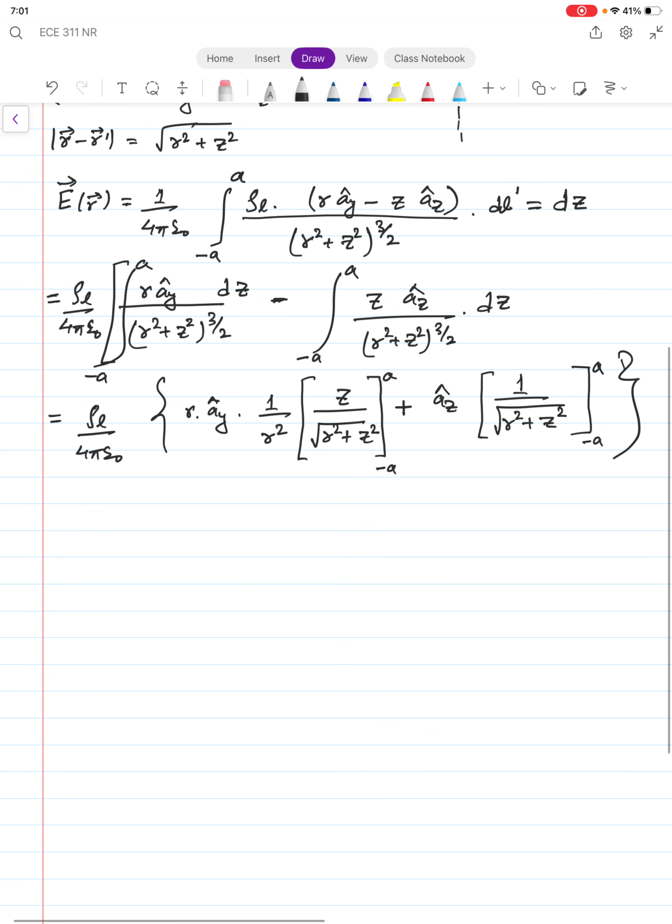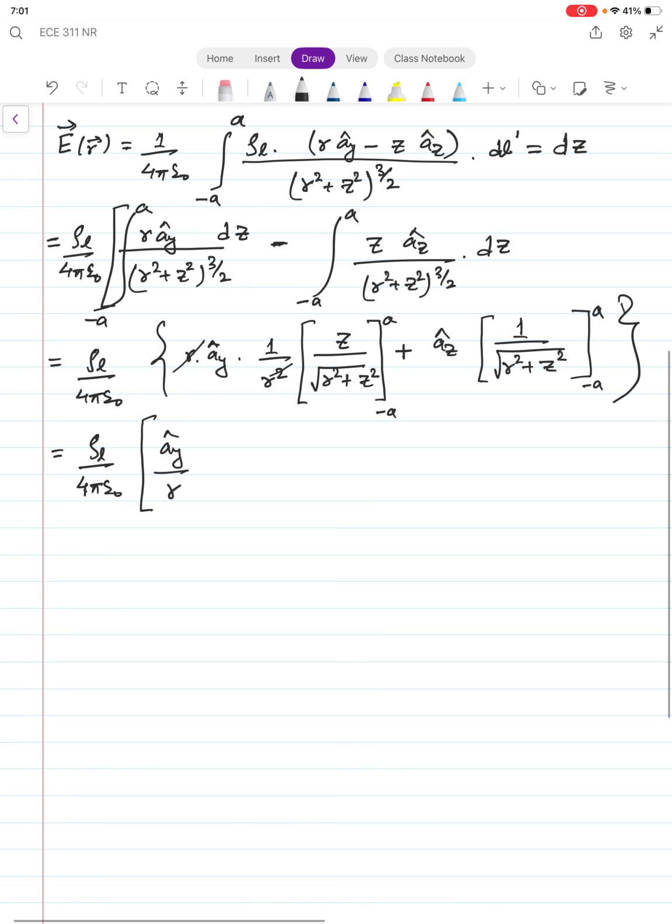So let us move to our next step. Rho sub L divided by 4 pi epsilon 0, a sub y, this r and that square will cancel, so we'll be remained with a sub y divided by r, and I will apply the limit, which gives me a divided by square root of r square plus a square.